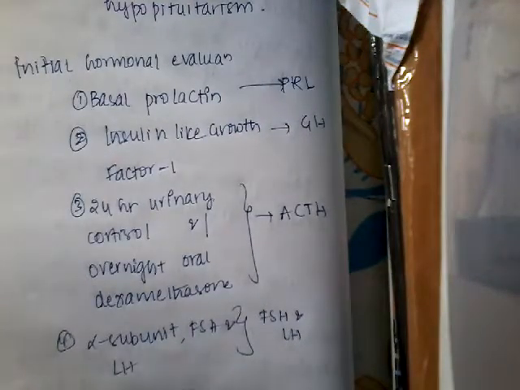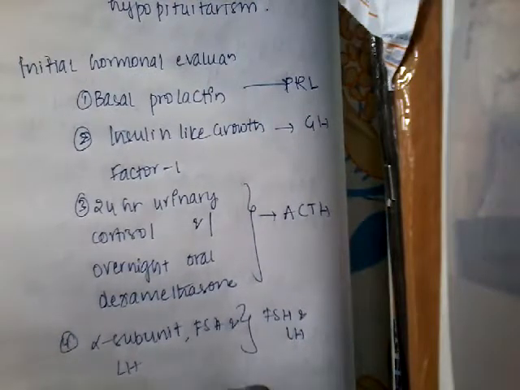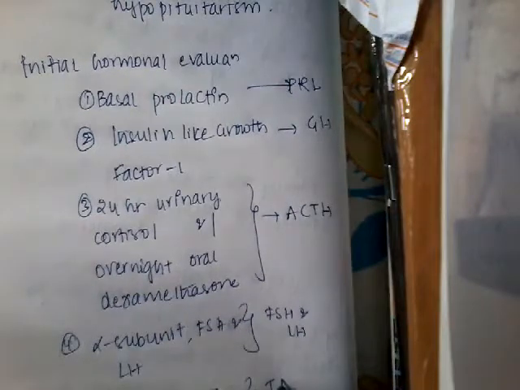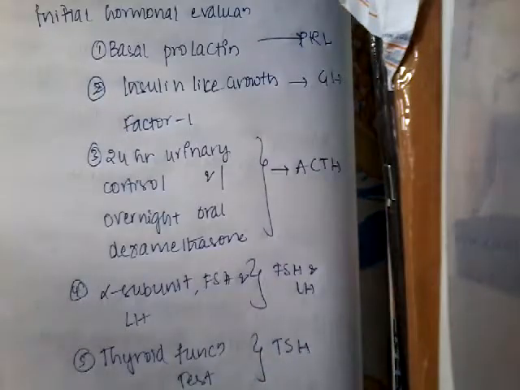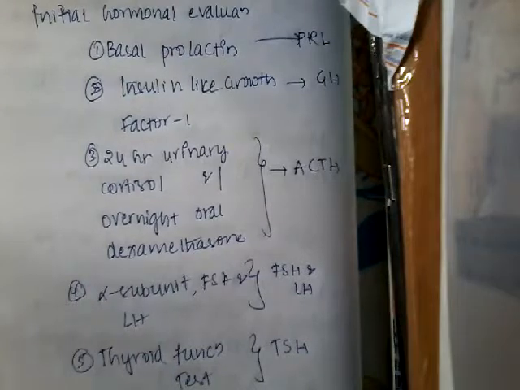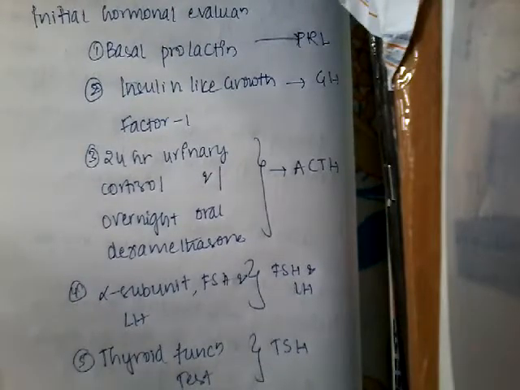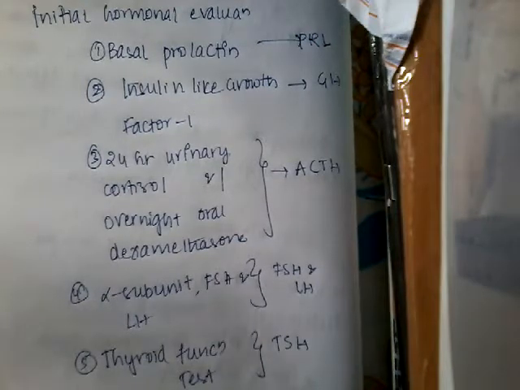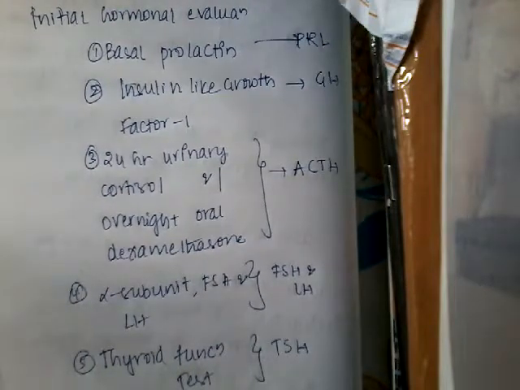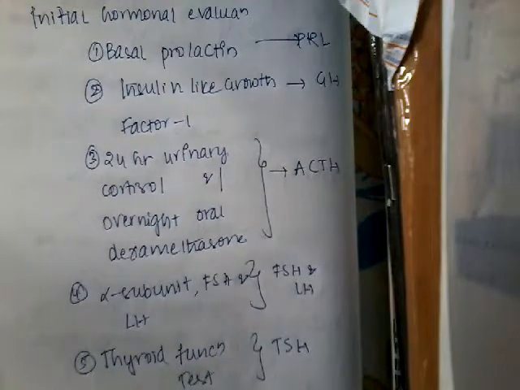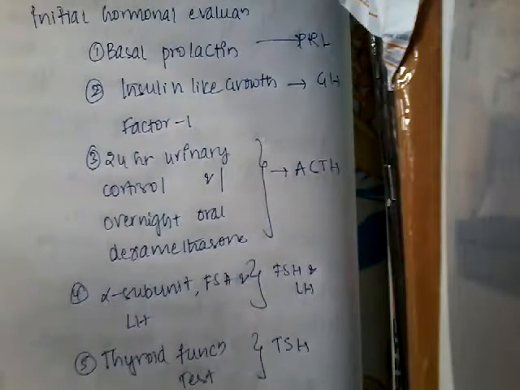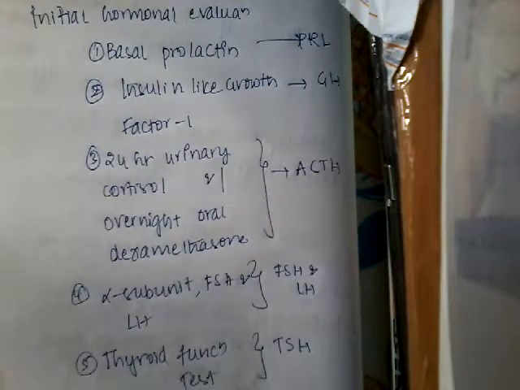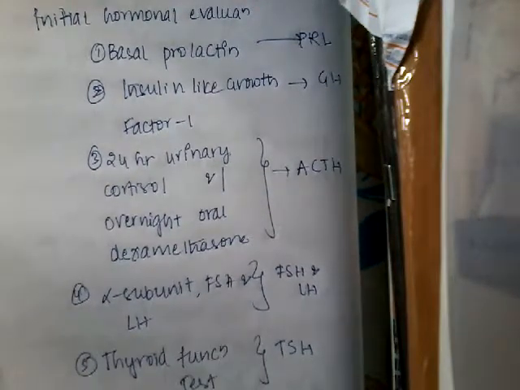And then the fifth one, you will have to do thyroid function tests for TSH. So these should be done, and you should also assess the menstrual history to know the gonadal functions, and then you will have to measure testosterone and 8 AM cortisol levels for additional information.